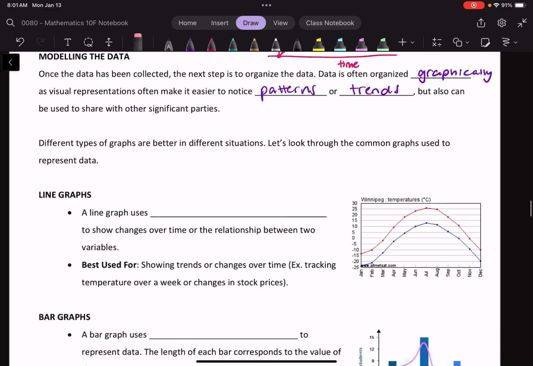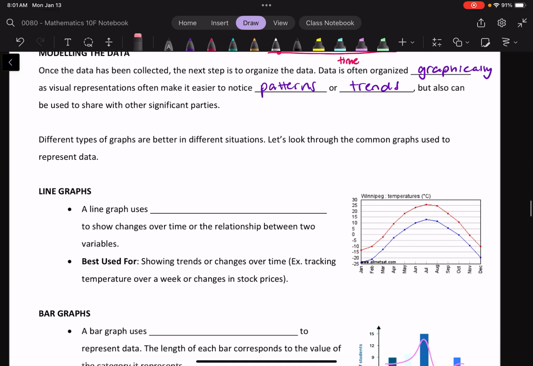So we're going to be talking about different graph types, and then we're also going to be talking about when that type of graph should be used, because it's not always best used for every type of data. Some graphs have advantages over others.